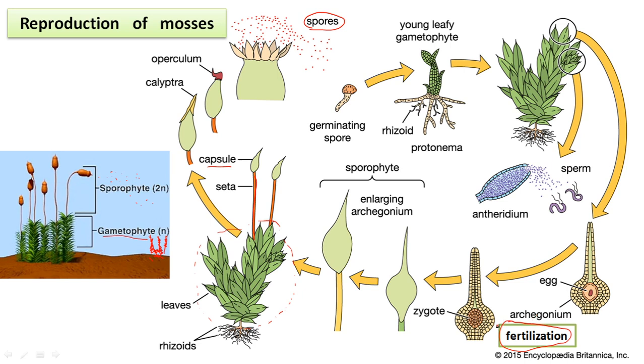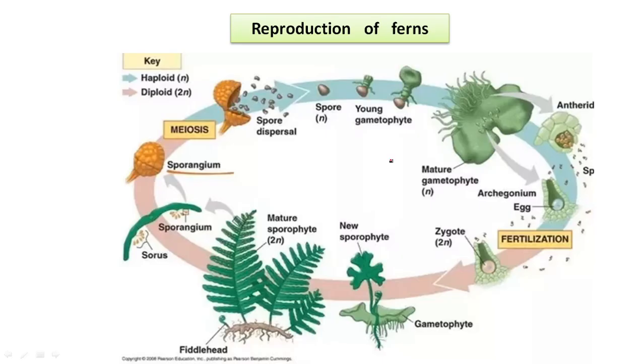When they join together, the fertilization takes place, and then a new sporophyte, a new capsule is created, and it will produce spores and so on. So as you can see, it's a cycle, and these plants use spores, which is very characteristic of these non-flowering plants, right? So this is for mosses.